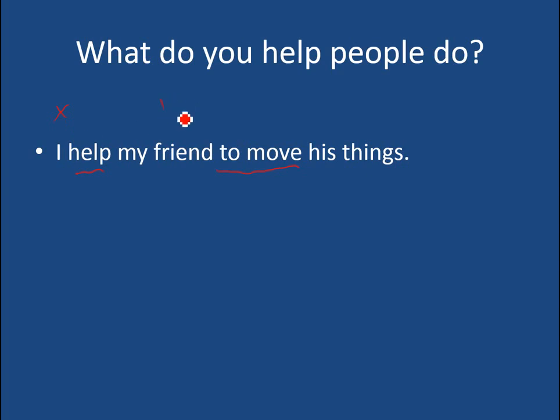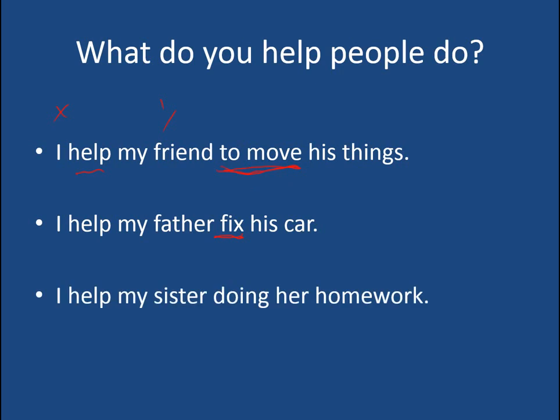X helps Y to do something. That's correct. I help my father fix his car. Here I use fix. Here I use to plus the verb. Both are correct. How about this one? I help my sister doing her homework. Oh, we have a problem. Not doing. I could say do, or I could say to do.